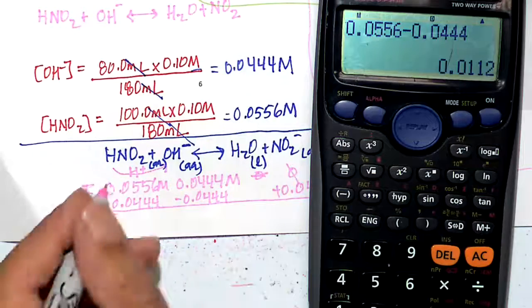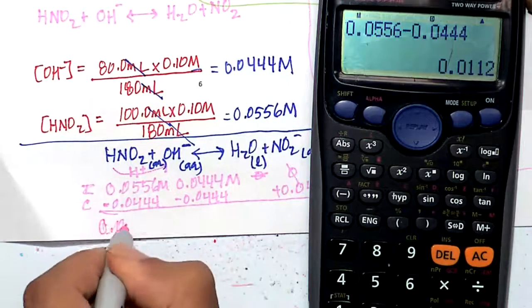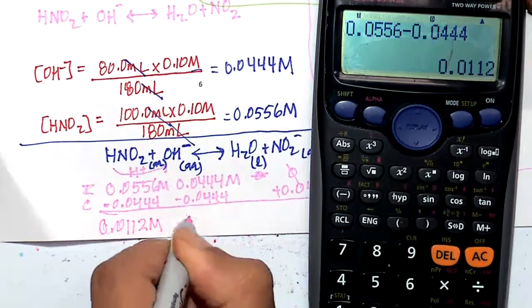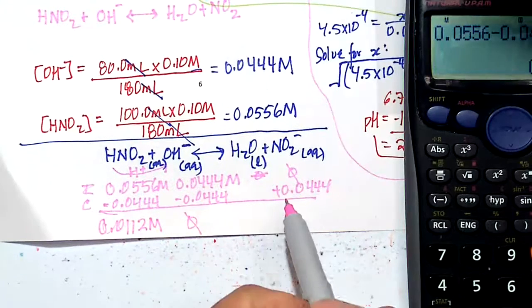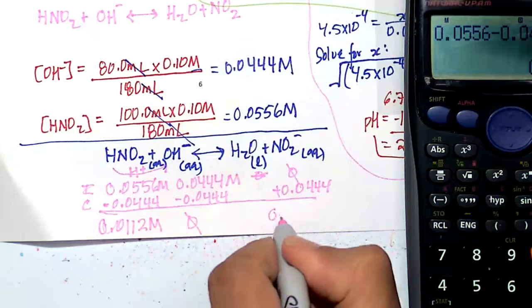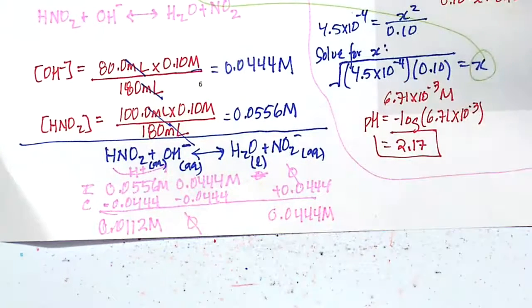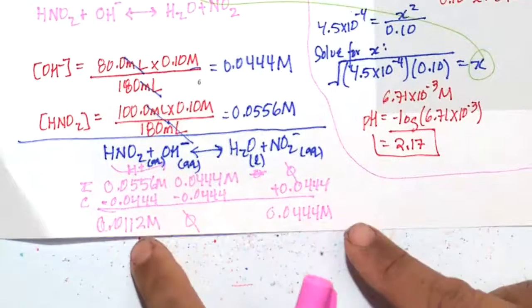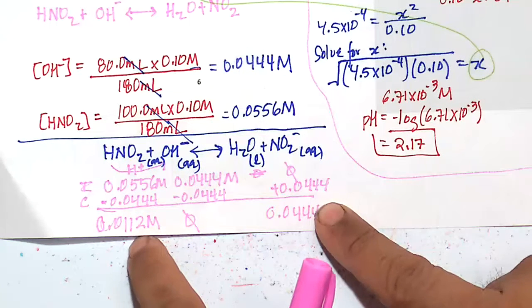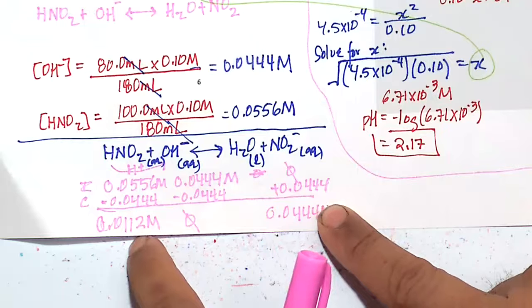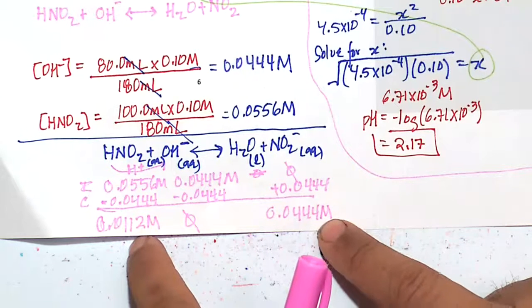So at equilibrium, you will have HNO2 at 0.0112 big M. This will be 0. And then you'll have NO2 minus at 0.044. So now you have at equilibrium this concentration of HNO2 and this concentration of NO2 minus. You will use Henderson-Hasselbalch, and we will do that on Friday's class.